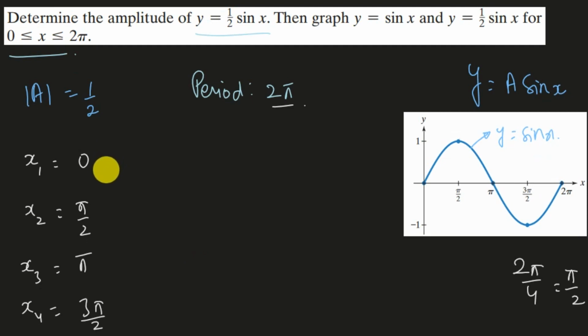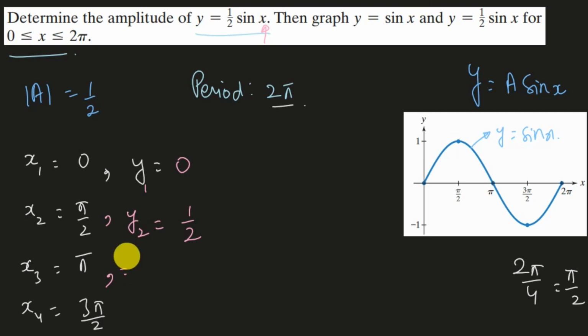Now find the corresponding y values. When you put x as 0 here, because sine 0 is 0, y would also be 0. So y1 is 0. Next y2. When you put x as pi by 2, sine pi by 2 is 1, so 1 multiplied by half is 1 over 2.